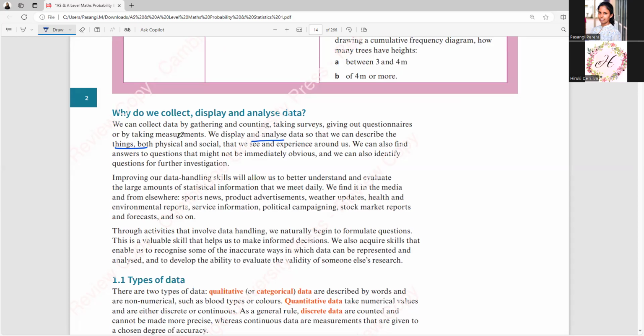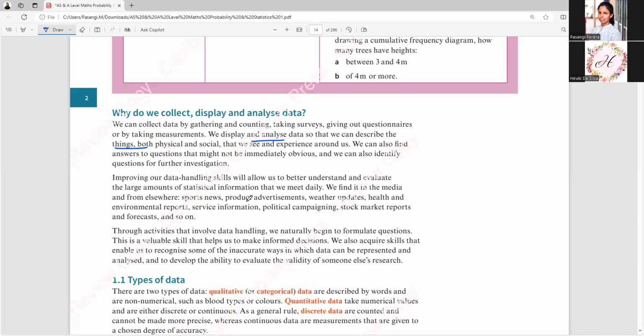Normally, we do some experiments, and then, according to the results, we come to conclusions. That's how it works. Improving our data handling skills will allow us to better understand and evaluate the large amounts of statistical information that we meet daily. So maybe it's mean, median, mode, and not only that, there are so many things which we can analyze statistically and come to conclusions.